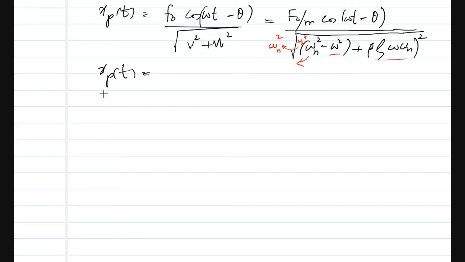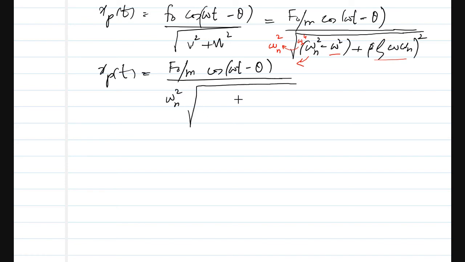So when you divide it, what you end up with is f naught over m, cos omega t minus theta, divided by omega n square, which is outside of the square root. This will become 1 minus omega square over omega n square whole square plus 2 zeta omega by omega n whole square. This is what is left in the denominator.